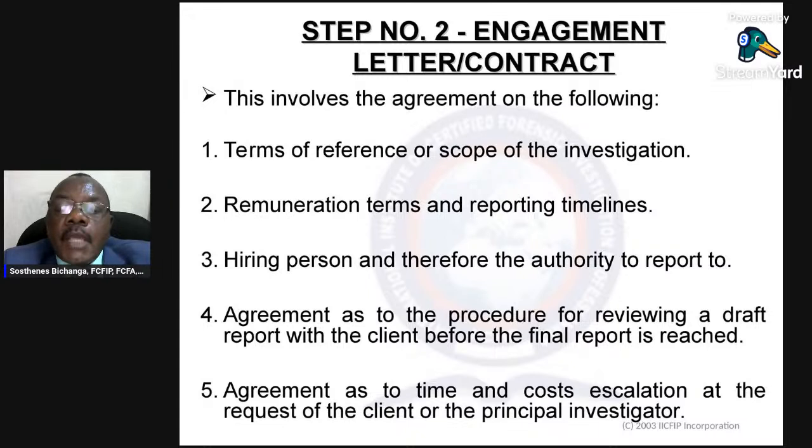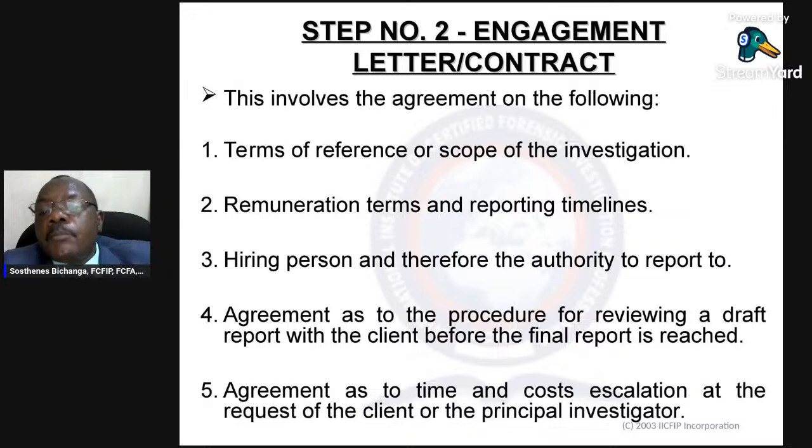Number 4, agreement as to the procedure for reviewing a draft report with the client before the final report is reached. There must be an agreed procedure and number of drafts that can be reviewed by the client before the final report is reached. Ordinarily, the draft reports will be 2.